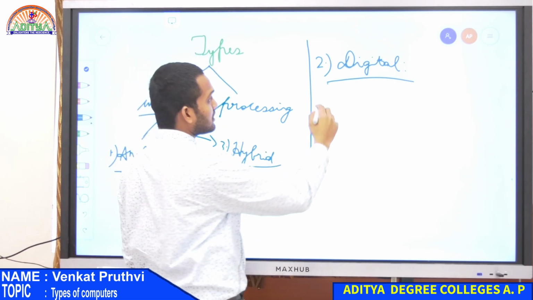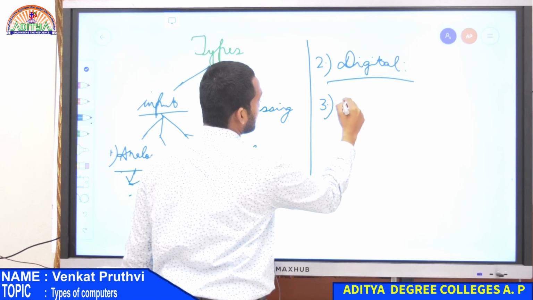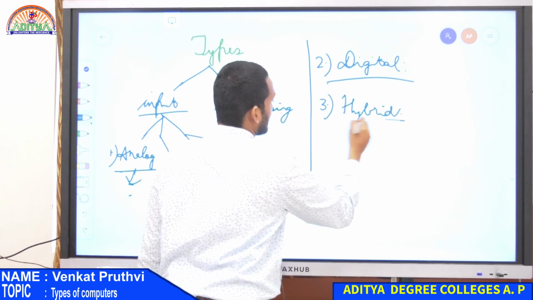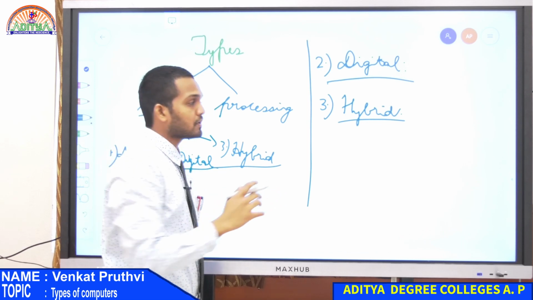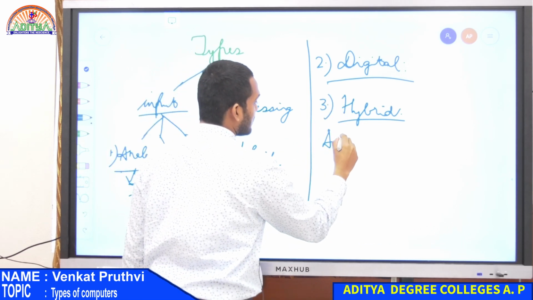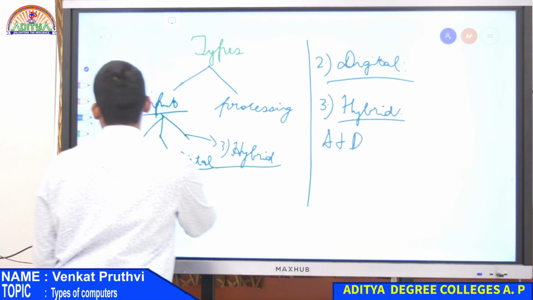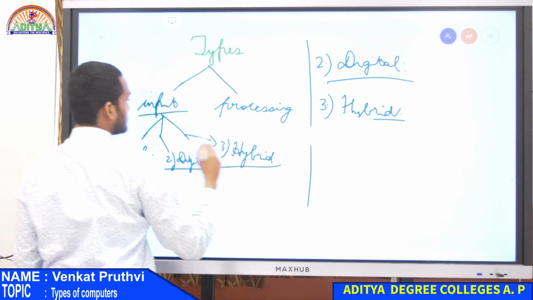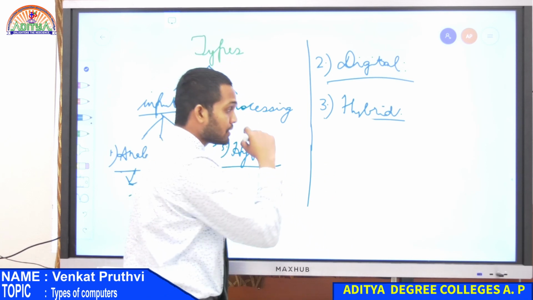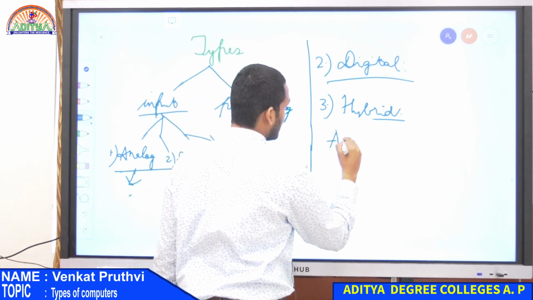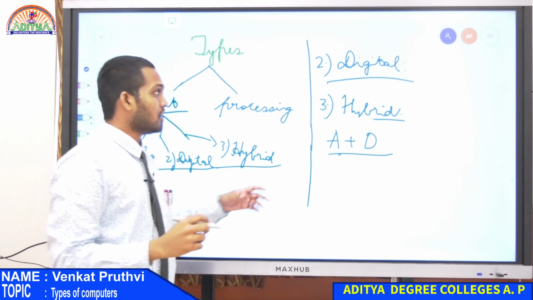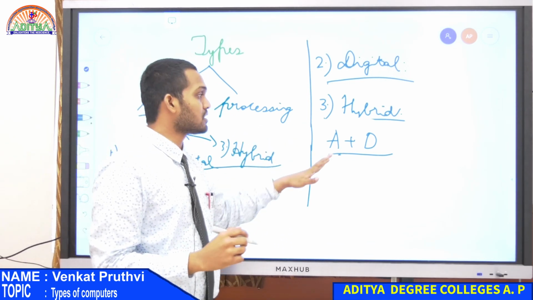All that comes under digital computers. And hybrid computers are based on the combination of analog plus digital. They can perform the operations of both analog computers and digital computers.